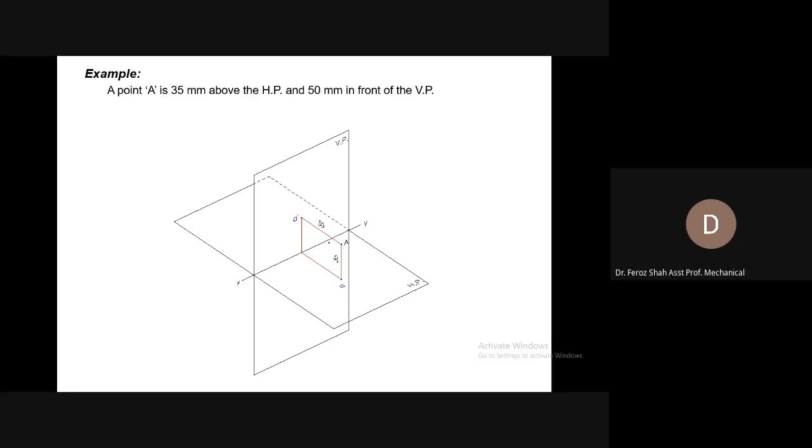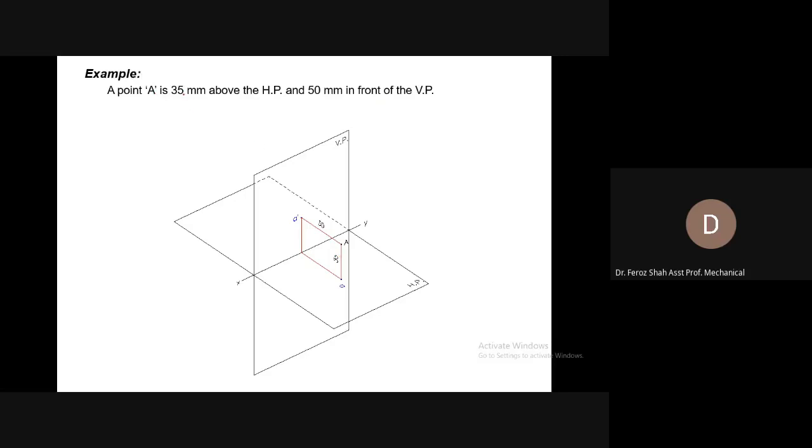So this must be the first quadrant, because the second quadrant must have this 50 millimeter behind the vertical plane. For the third quadrant, if the point is in the third quadrant, it must be below the horizontal plane, in the fourth as well. So if a point is above the horizontal plane and in front of the vertical plane, this must be the first quadrant.